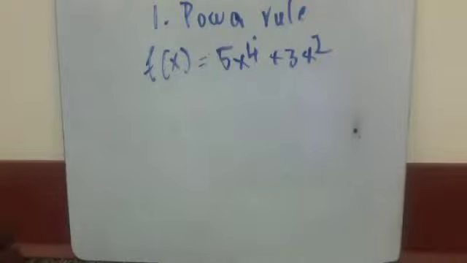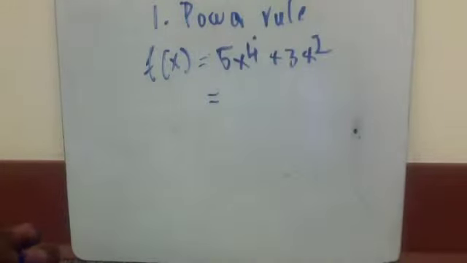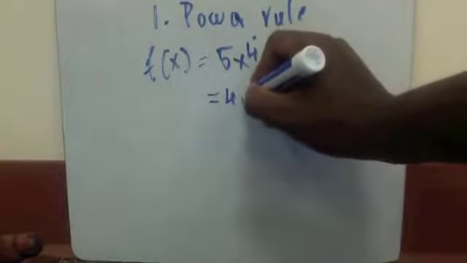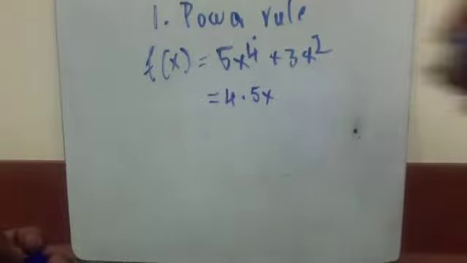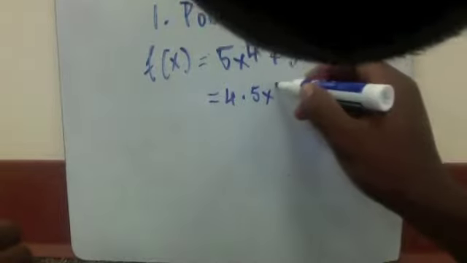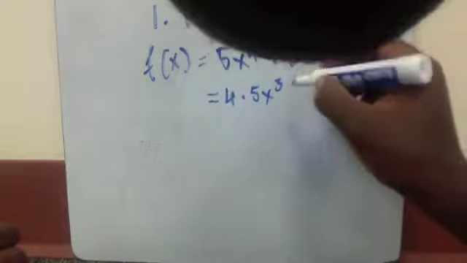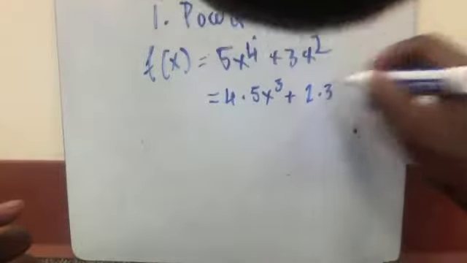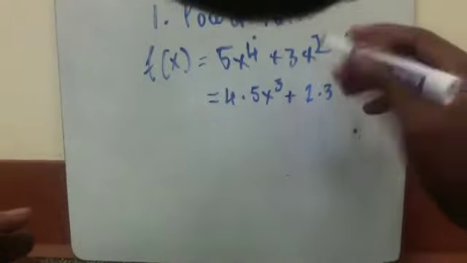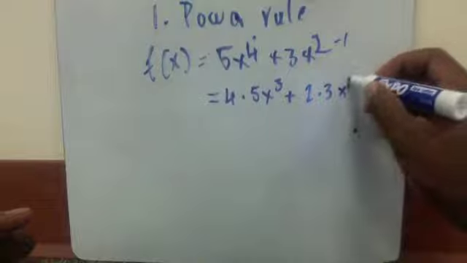This is the same method. You bring down the 4 to the coefficient, so you have 4 times 5x, and then subtract 1 from the 4, which gives you a 3. Now you move on to the next term, 3x squared. You also bring down the 2 to the coefficient, and subtract 1 from the exponent, which gives you a 1.